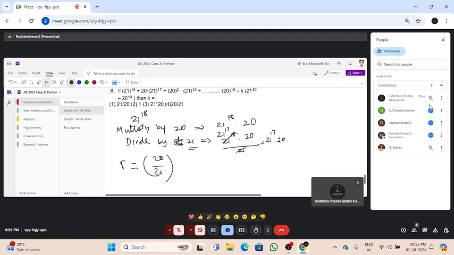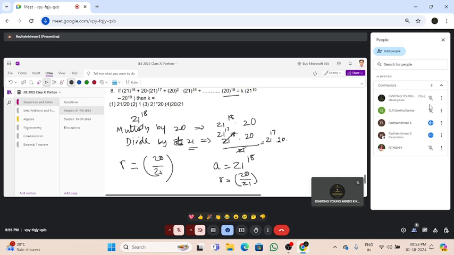Now you solve it. So A is equal to 21 to the power of 18 and R is equal to 20 by 21. That is this series, a geometric series. It has an end term also.